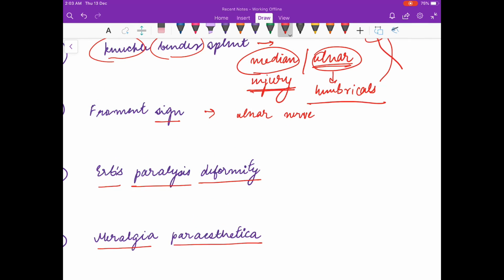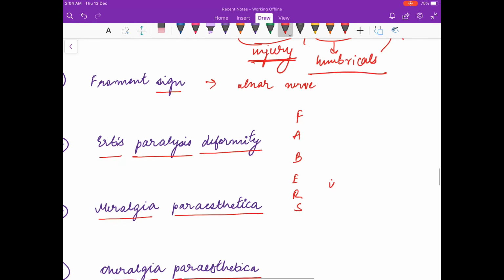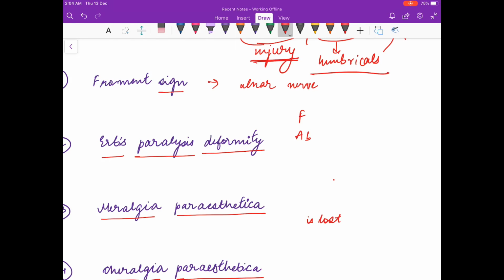Erb's paralysis deformity mnemonic is FABER is lost.